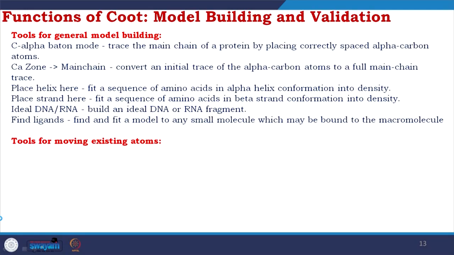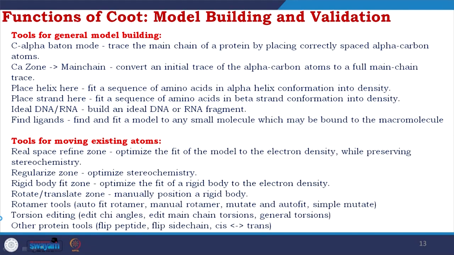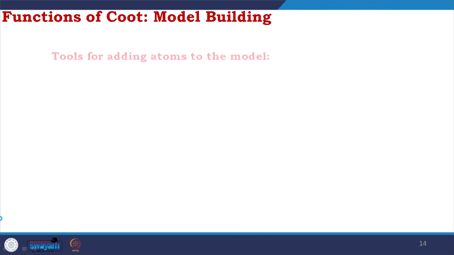Then tools for moving existing atoms, how we could do that. So, you have real space refine zone, regularize zone, rigid body fit zone, rotate translate zone, rotamer tool, torsion editing tool like chi and other torsional angles, and other protein tools like flip peptide, flip side chain, cis to trans transformation and all these things.